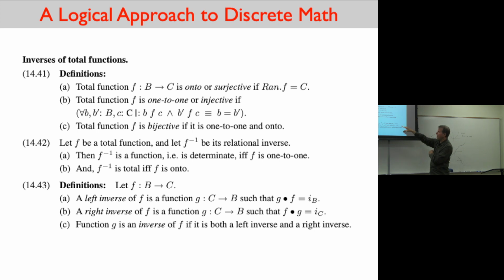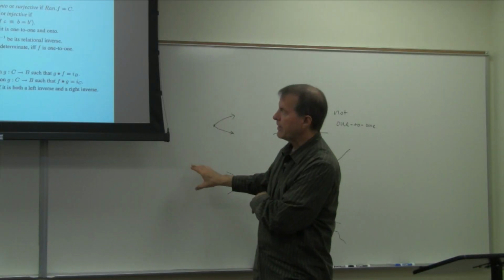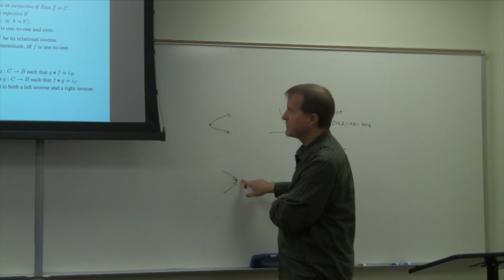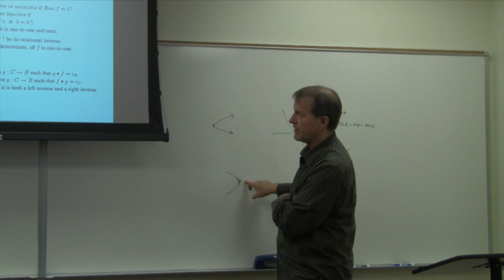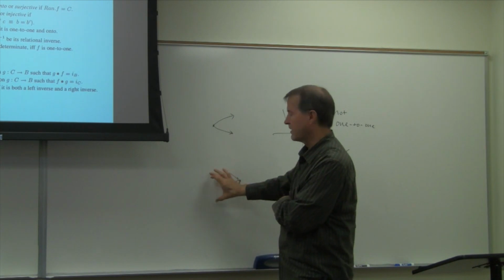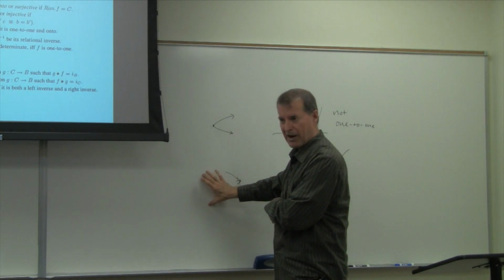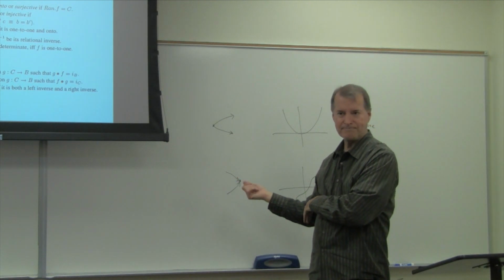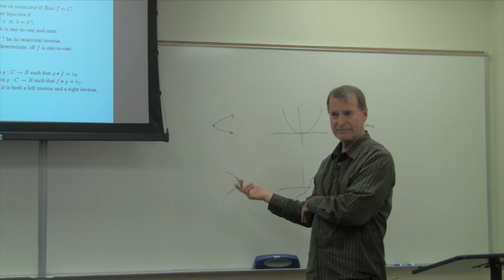It says for all b and b prime in B, and a little c in C, if you have b f c and b prime f c, the only way you can have that is if b equals b prime. So it's the mirror image of what it means to be determinate.